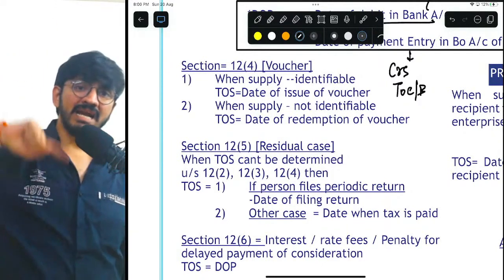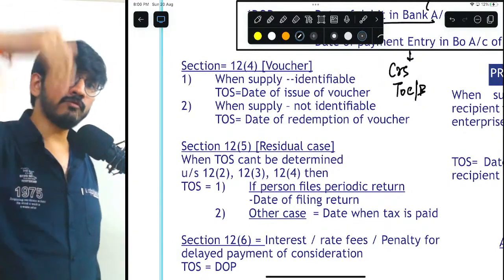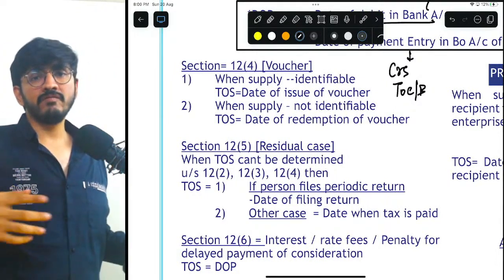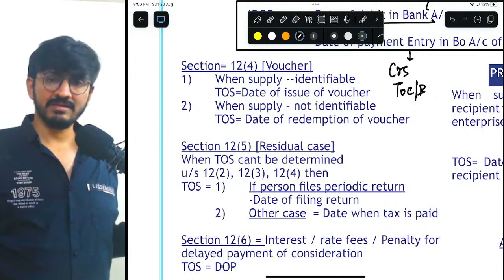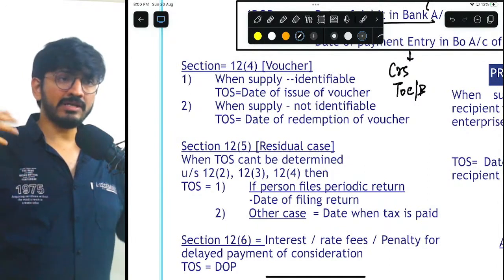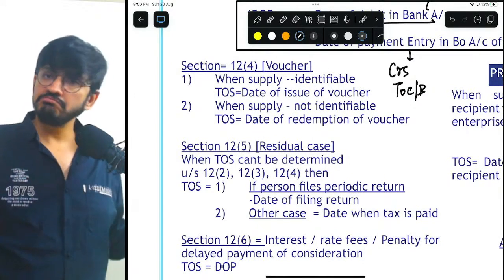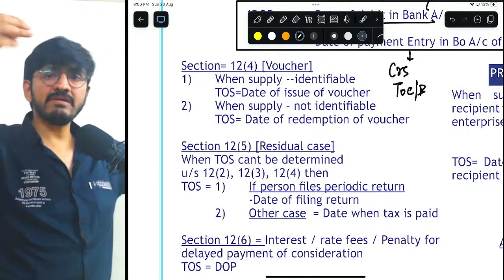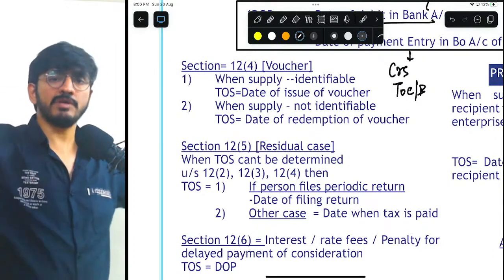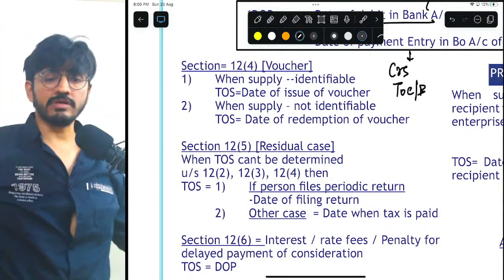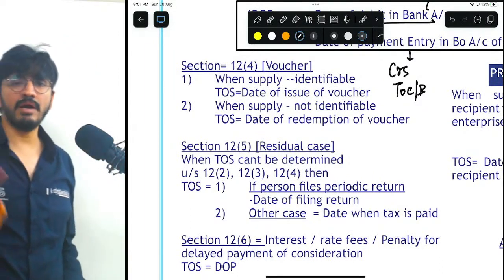But when the supply is identifiable, so when I already know in future what you are going to sell, and that can happen only in one case where I am only selling one thing. So for example, let's say I am selling only perfumes, simple. Whichever perfume you take, whether it's jasmine or mogra or, I don't know, let's say rose, doesn't matter.